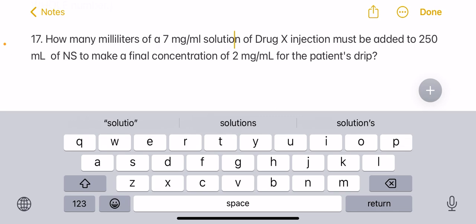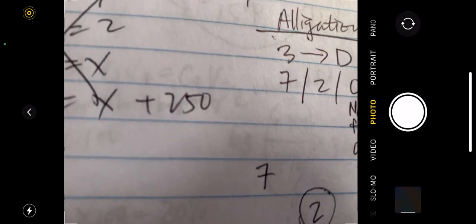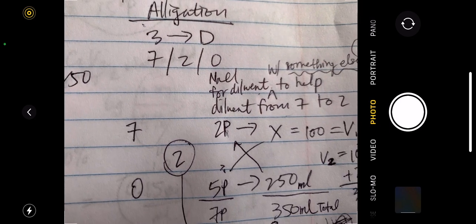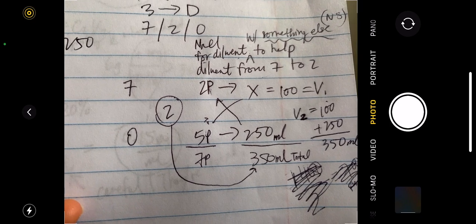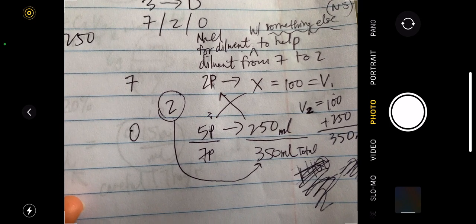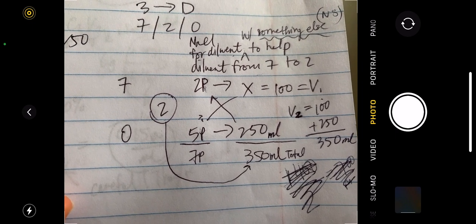So the third one is 0, because it's a sodium chloride, right? And it's a diluent. You dilute with something, and that something is 0%.